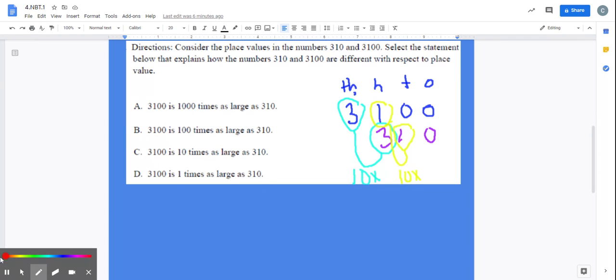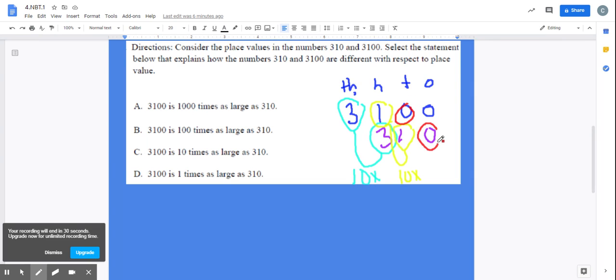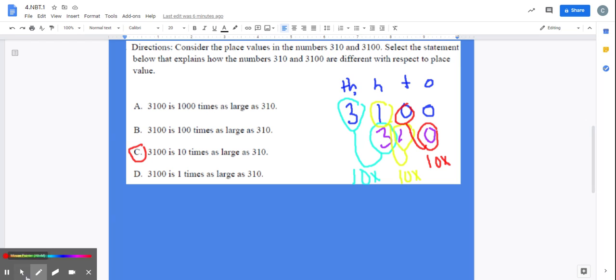If we continue the pattern with the 0, we will see that the 0 in the tens moved one place to the ones, which is also 10 times. So our answer is 3,100 is 10 times as large as 310. And that concludes the 4.NBT1 tutorial.